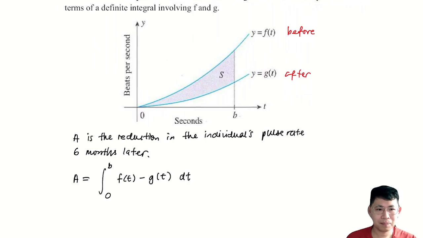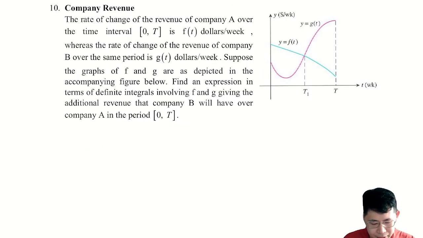Okay. Now looking at the next question, we have a rate of change of revenue of company A over time interval 0 to t is f(t) dollars per week. So this is the rate of change of the revenue of company A given by f(t). Then the rate of change of revenue of company B is given by g(t) over the same period of time.